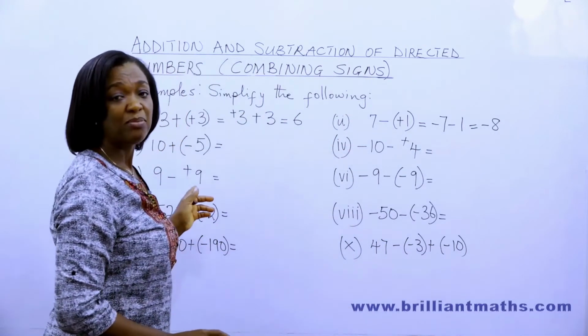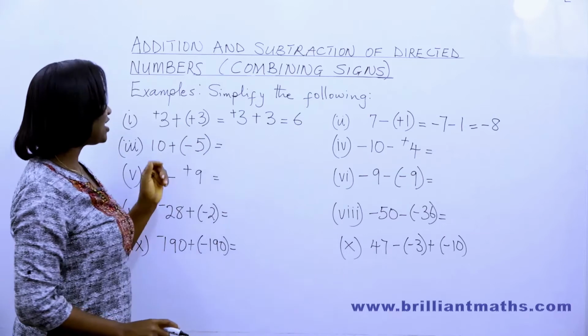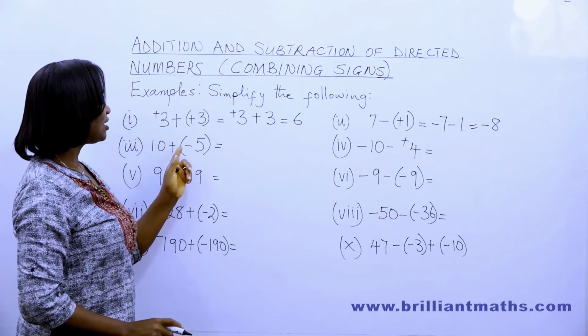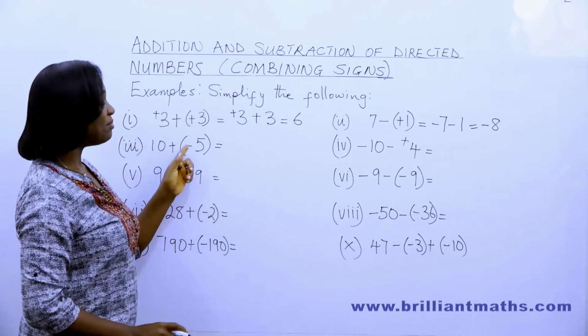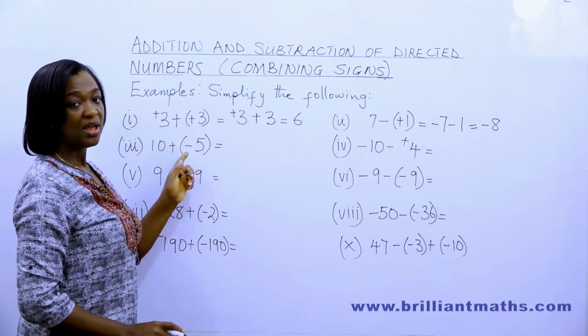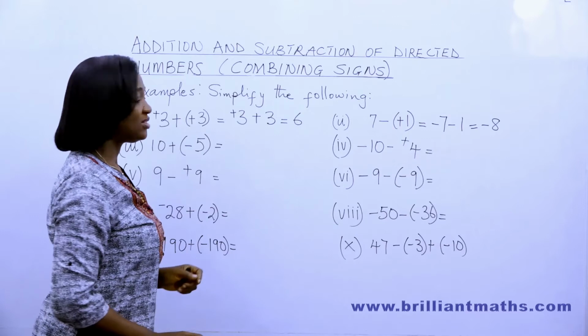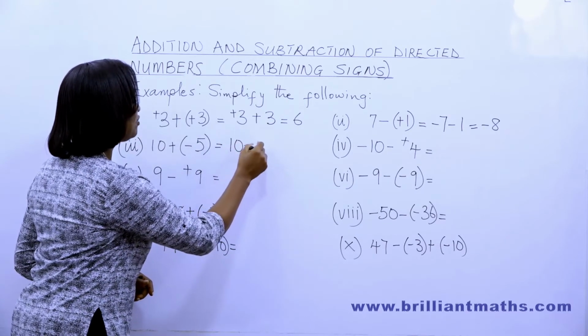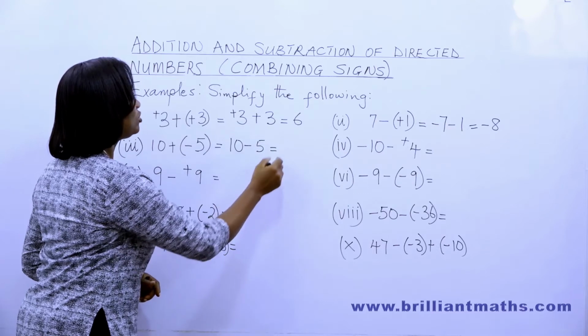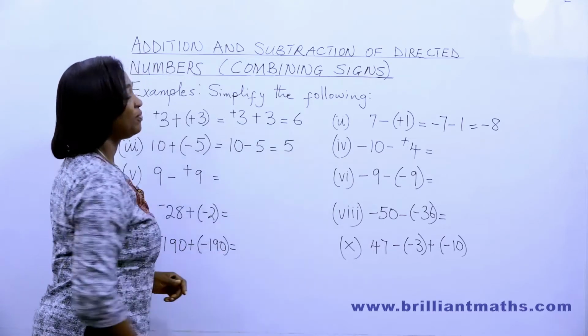For the third example, we have 10 plus minus 5. And a plus and a minus means a minus. So that is 10 minus 5, which is equal to 5.